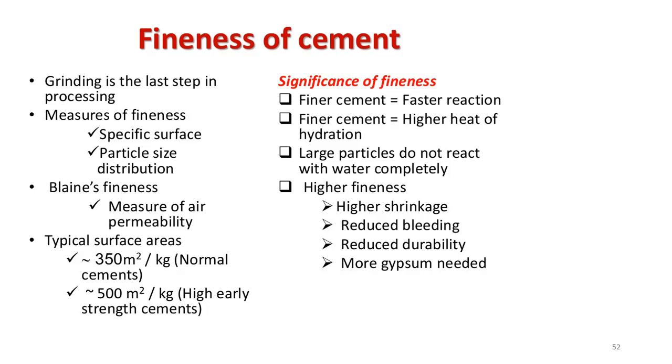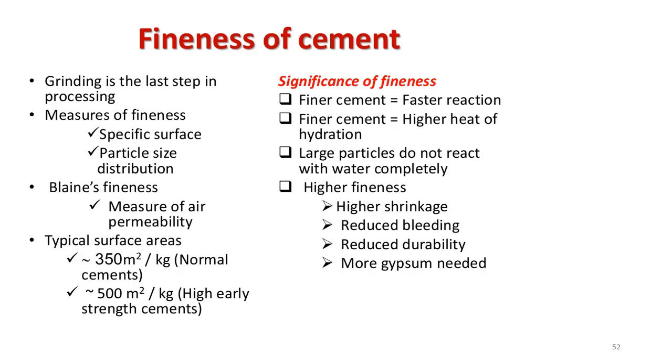So for normal cement, you have 350 meter square per kg or 2250 centimeter squares per gram. For an early high strength cement, you have a very high fineness, which is 500 meter square per kg.